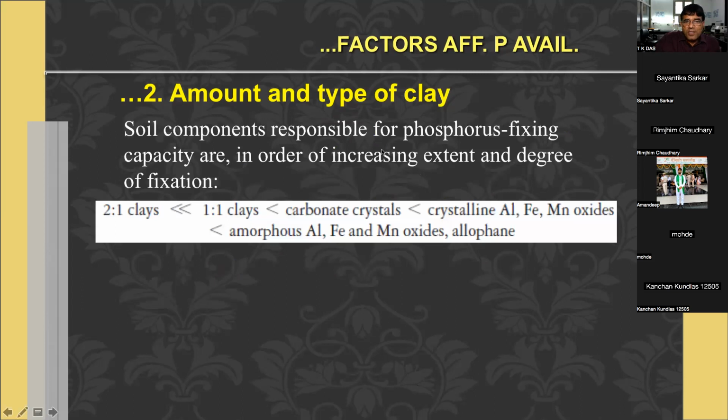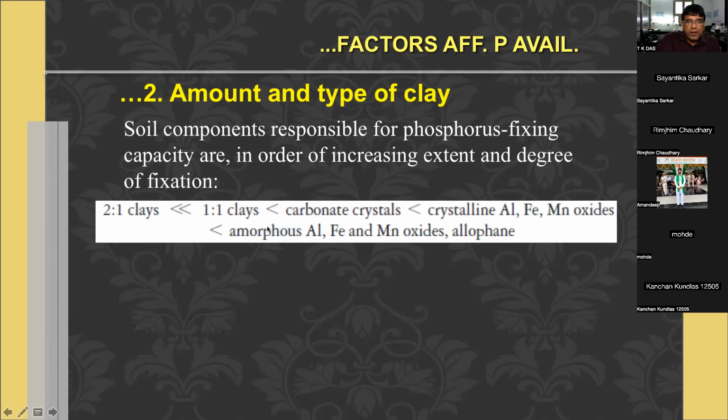So soil components responsible for phosphorus fixing capacity are in order of increasing extent and degree. I copied this from the Tisdale book. Means here you will get less fixation, here more fixation, more, and then most.